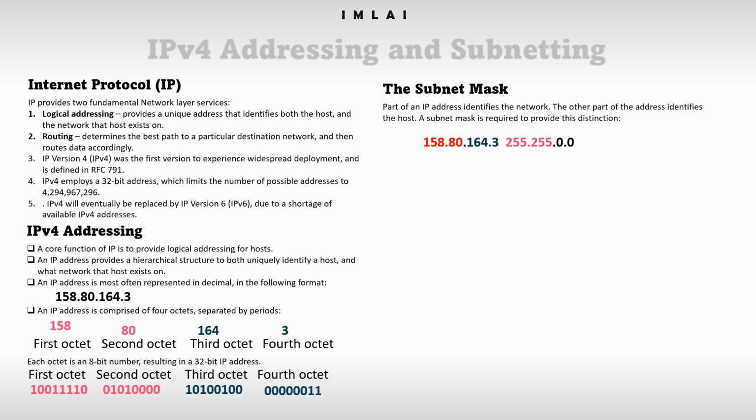In that, if a binary bit is set to 1 in a subnet mask, the corresponding bit in the address identifies the network. If a binary bit is set to 0 in a subnet mask, the corresponding bit in the address identifies the host. I think you are pretty much confused with this.